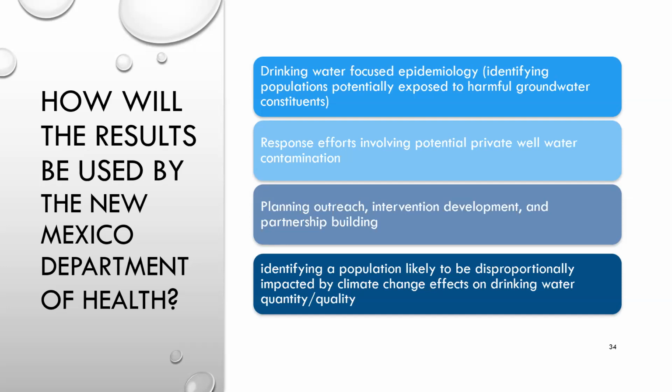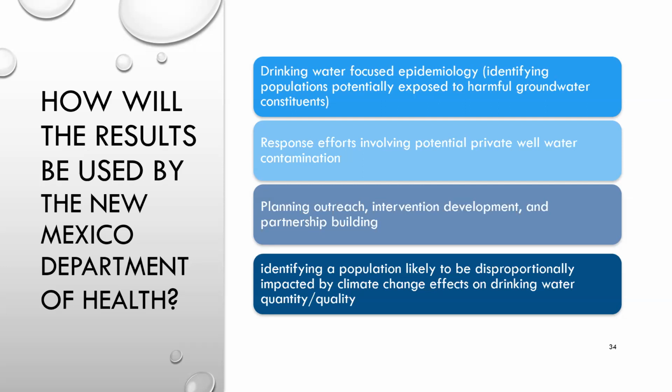And it will continue to inform our intervention planning, development, outreach, where we have testing events, what kind of materials we provide, things like that. And of course, partnership building, what partners can help us better reach this population.